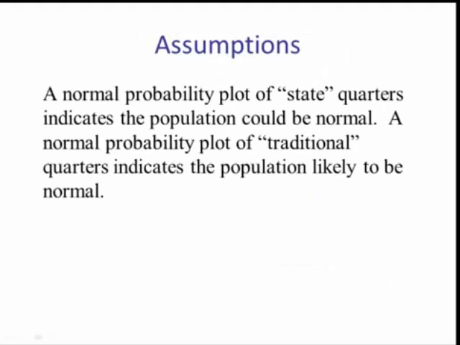So for our assumption, the normal probability plot of state quarters indicates that the population could be normal. A probability plot of traditional quarters indicates that it could be normal or is likely to be normal. So since our assumptions are satisfied, we can do our hypothesis test.